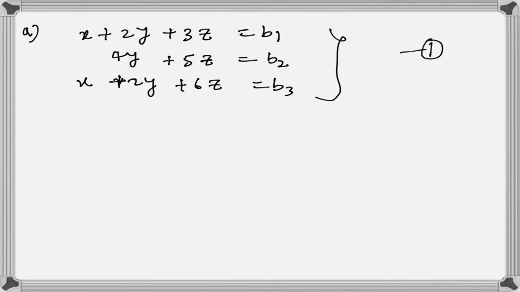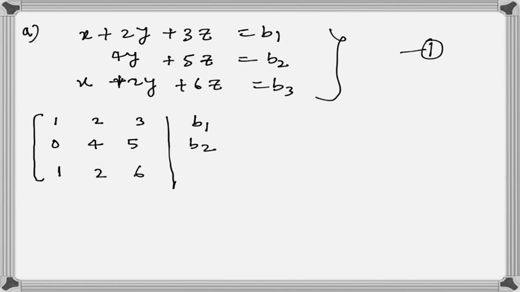Okay, so write the augmented matrix of system 1: 1 2 3 b1, 0 4 5 b2, 1 2 6 b3. Okay, so let's reduce this.